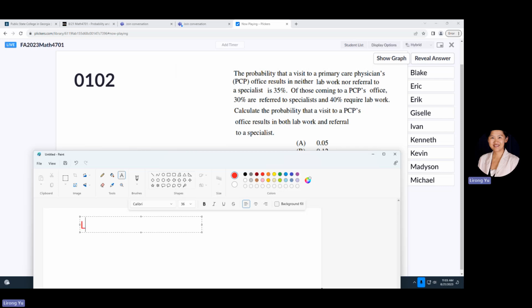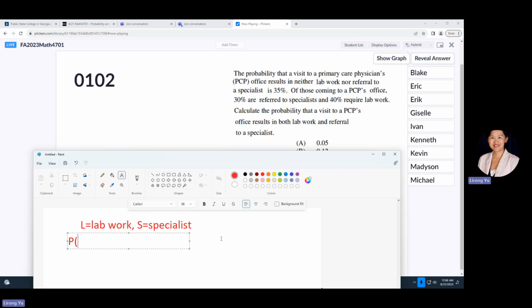so if we use L as the event needing lab work, and we call needing a specialist event S, as in specialist. Okay, and then the first sentence can be made a little bit shorter, and that is the probability of not lab work and not a specialist.